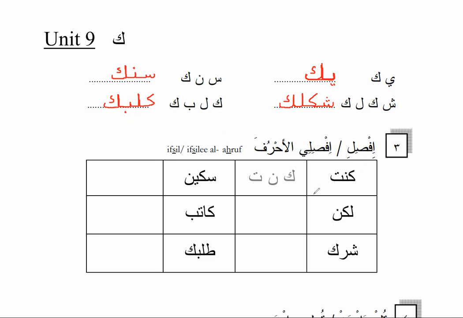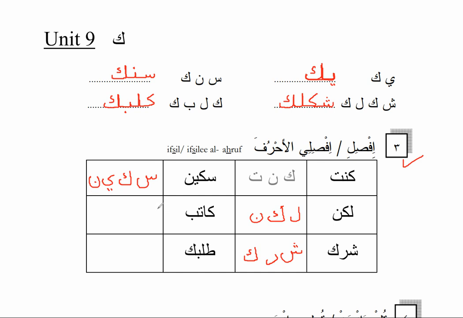Then let's separate the letters here in question number 3. Ifsili means separate the letters. And now it is lam, kaf and noon, sheen, ra and kaf. Then seen, kaf, there are 4 letters, ya and noon.